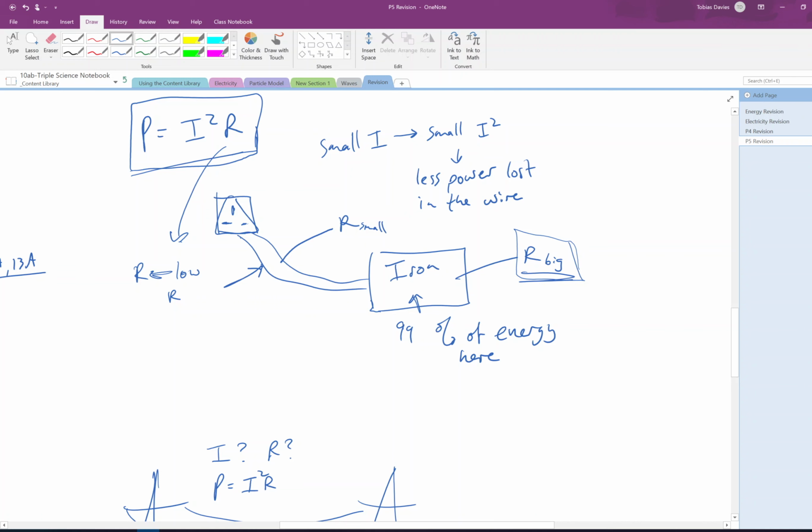But something like an iron or a kettle, where you want the actual energy to be used and transferred, has a bigger resistance, and that's where the potential difference will be used up, and that's where the power will be used up. So the power is transferred in the device rather than in the cables.